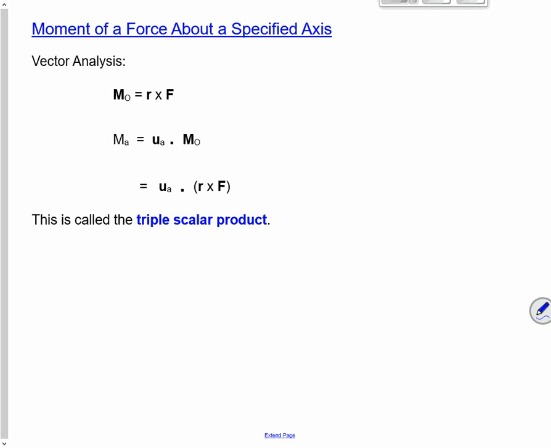So I get a dot product of a cross product. I take a unit vector and dot it with a cross product. That's the thing in math you call a triple scalar product. The result is always going to be a scalar. It's going to be the magnitude of the moment about that specific axis.